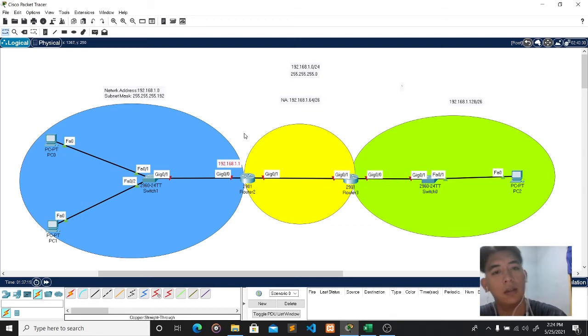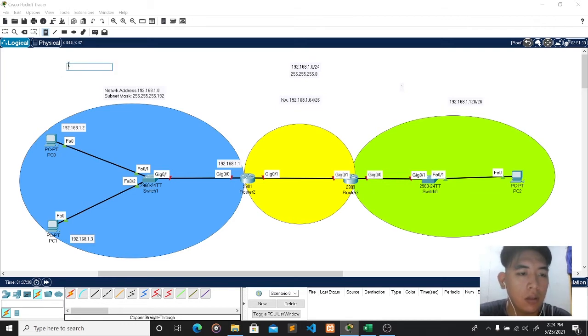Next is PC0, 192.168.1.2, at saka sa PC1, 192.168.1.3. So ayun, nalagyan na natin dito.